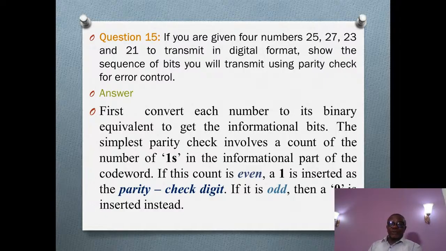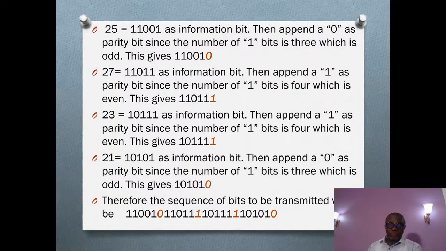If it is odd, then a 0 is inserted instead. Remember, this is standard. As a designer, you can decide to state your own terms and reverse this, depending on what you want to achieve.